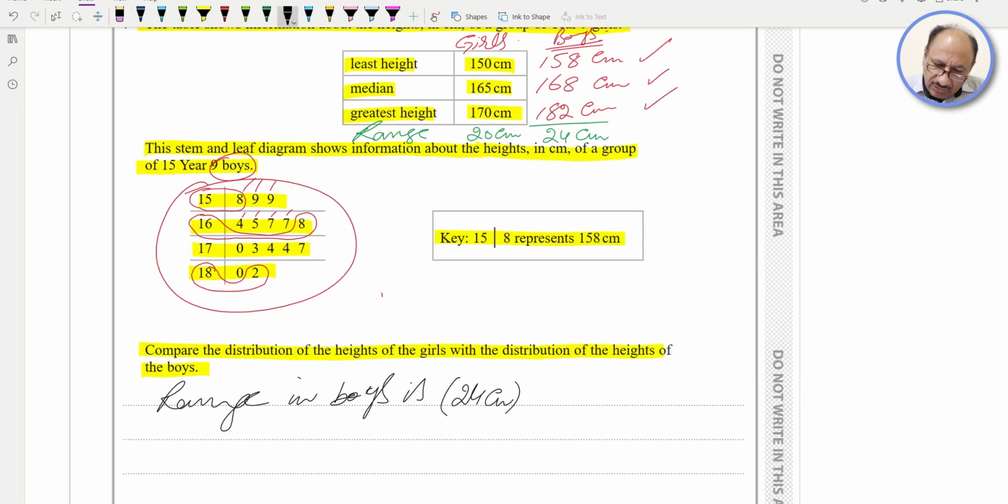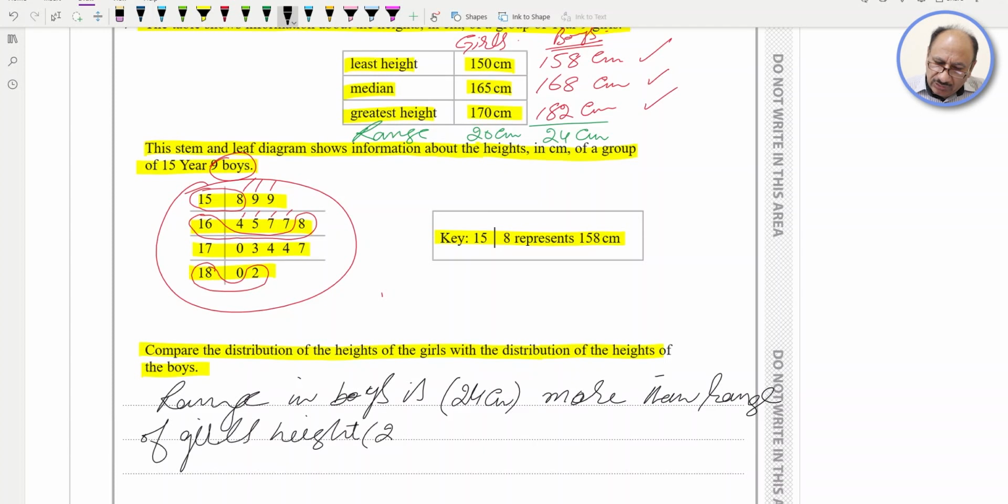In brackets we can write: range in boys is more than the range of girls' height, which is 20 centimeters.